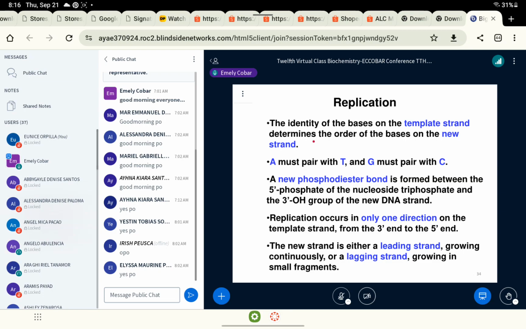A must pair with T and G must pair with C. And a new phosphodiester bond is formed between the 5'-phosphate of the nucleoside triphosphate and the 3'-OH of the new DNA strand. Tandaan, replication occurs in only one direction on the template strand, whether it is the leading strand or the lagging strand. It is from the 3' end to the 5' end. So the new strand is either a leading strand growing continuously or a lagging strand growing in small fragments.